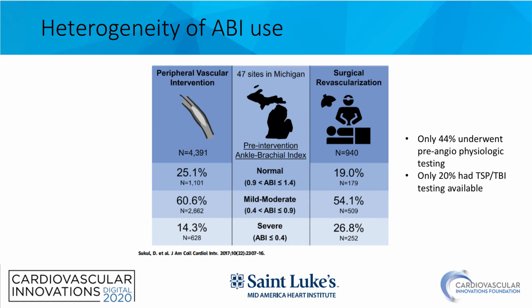In over 5,000 patients, only 14% of patients receiving endovascular treatment and 27% of those receiving surgical revascularization had severely reduced ABIs. What's more striking is that only 44% of patients receiving revascularization had pre-procedure physiologic testing, and only 20% had toe systolic or toe brachial index testing available. I think these studies highlight the limitations of physiologic vascular testing.